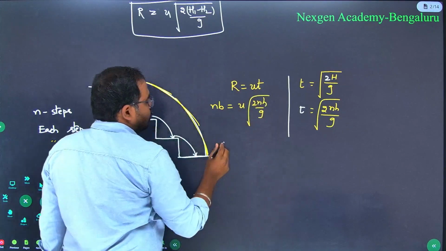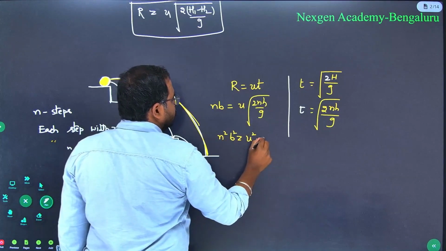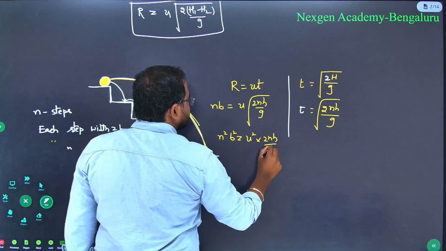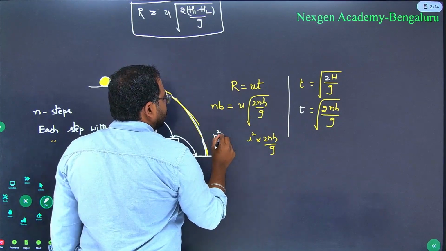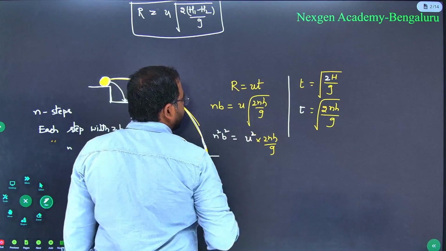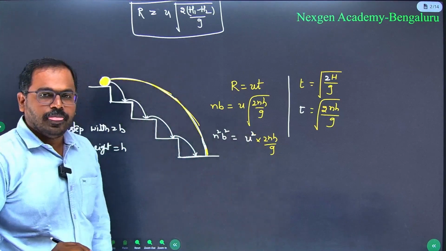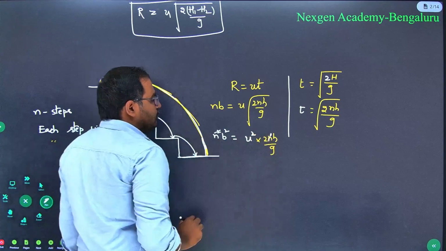Taking the whole square on both sides, n square b square is equal to u square into 2nh by g. Now this n square and this n can be cancelled out.